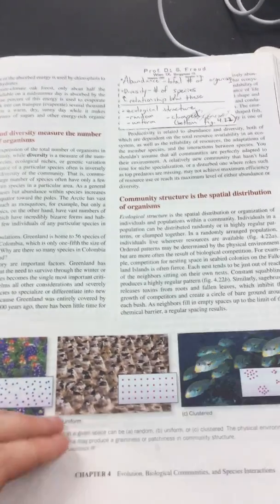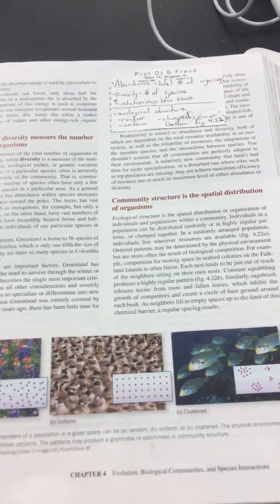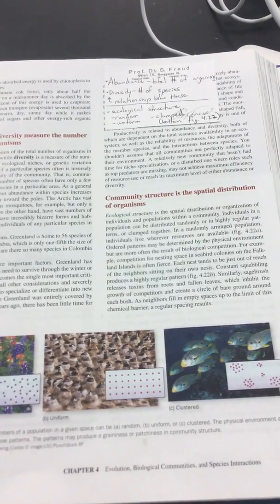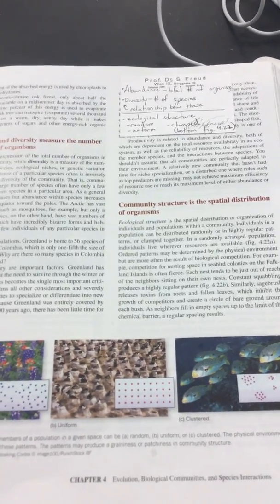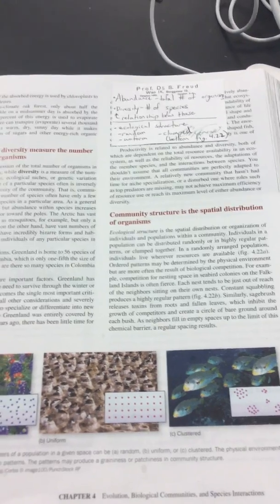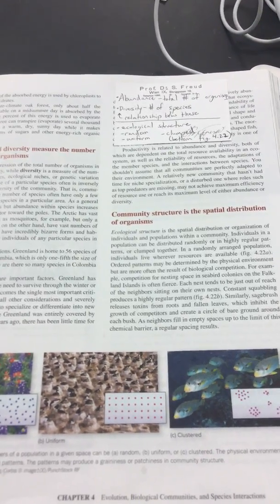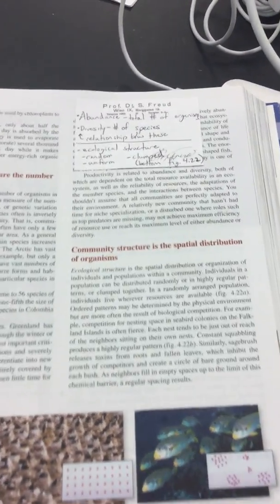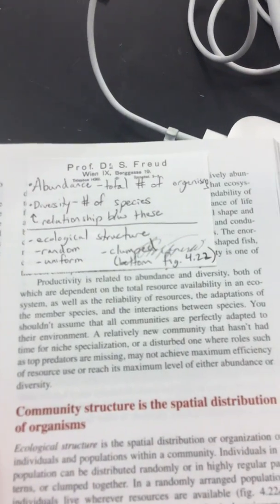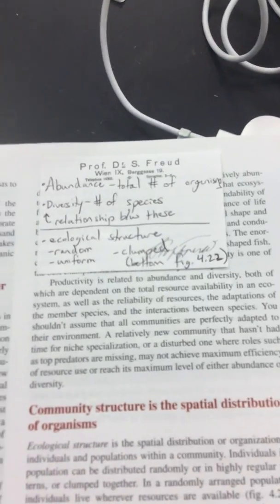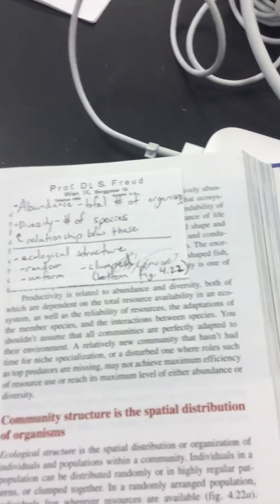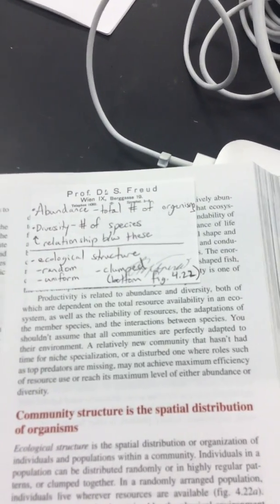Okay. When we're talking about diversity, there are two different numbers that you should look at. There's abundance, which is just how many organisms there are total. And then there's diversity, which is looking at how many different species are present. With diversity, the more species you have, usually the fewer you have of each of those species.